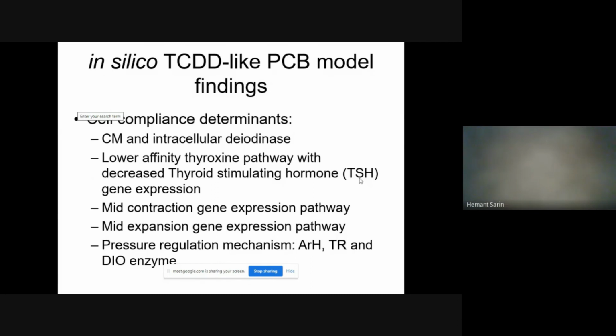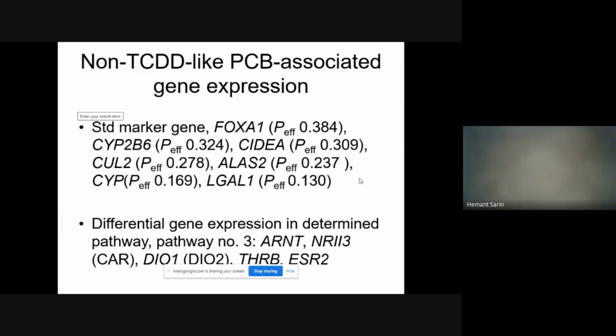And then the final pathway, the latter pathway, is the non-TCDD-like PCB-associated gene expression pathway, and this involves certain standard marker genes that are overexpressed, which can be matched to genes that have not previously been known to be.